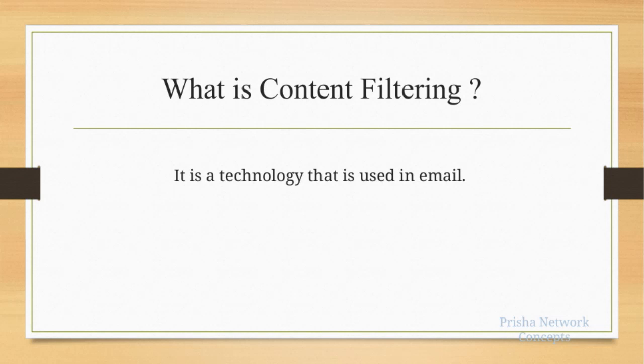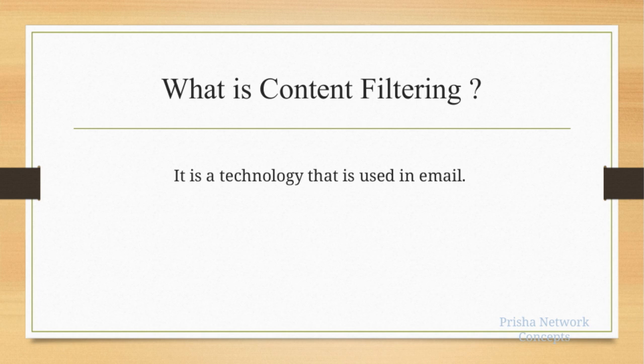Now, let's dive into the Prisha network concepts. This is a technology that plays a crucial role in email communication. It helps us manage and secure the flow of information by filtering out unwanted or harmful content. When we talk about content filtering, we're referring to a process that automatically screens emails for specific criteria. This can include spam, malware, or even inappropriate material.